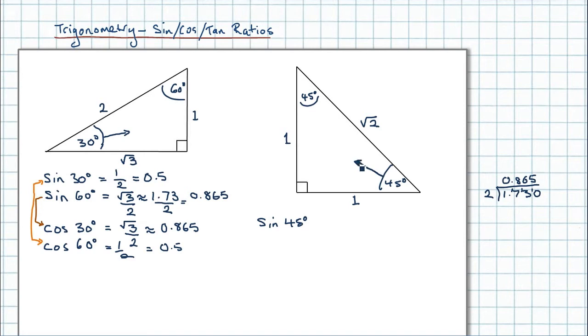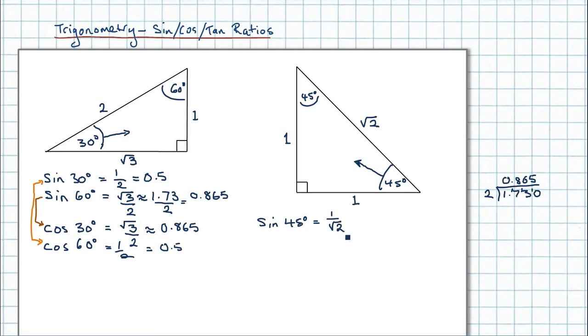The opposite side, which is over there, over the hypotenuse. The hypotenuse is always opposite the right angle, the 90-degree angle, in fact. So you can always spot the hypotenuse, immediately identify it as the side that's opposite the right angle. But here we're talking about the opposite over the hypotenuse, so sine 45 equals 1 over root 2.